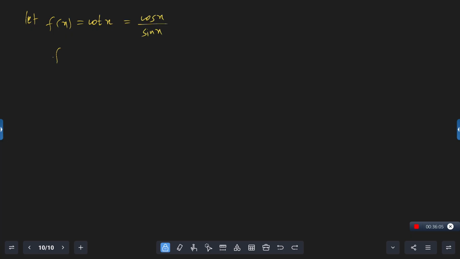This is also g of x divided by h of x, where g of x is equal to cos x and h of x is equal to sin x, which are continuous at any real number.